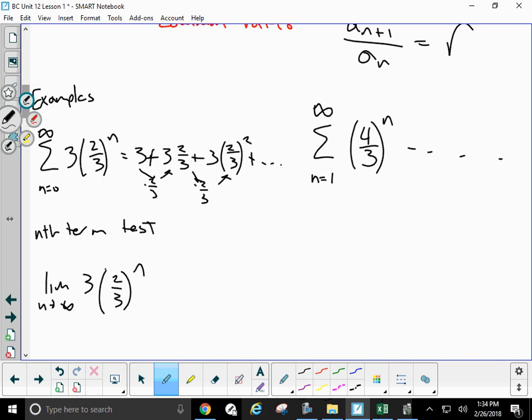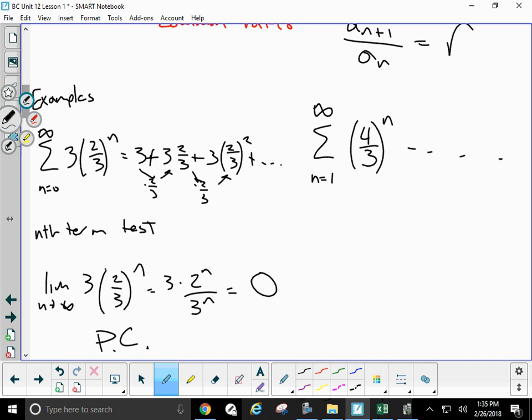That's like 2 to the n over 3 to the n. Three to the n grows faster than 2 to the n. This is going to approach 0. So as of right now, we could say this possibly converges. It's really 3 to the n minus 1, but it's still going to grow faster than 2 to the n.